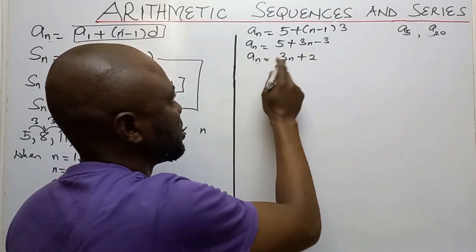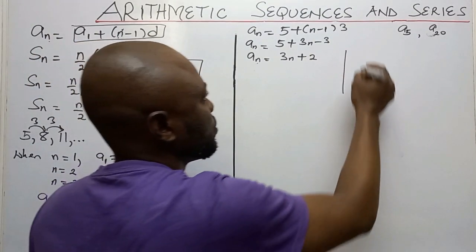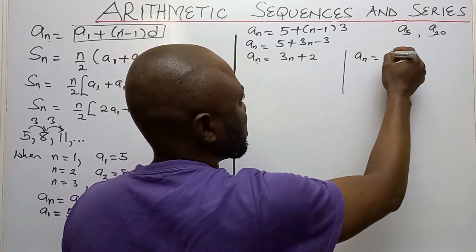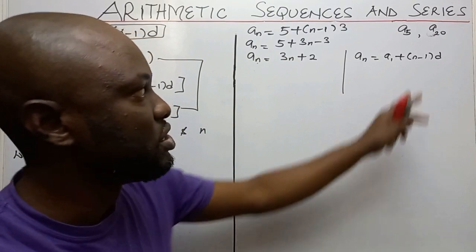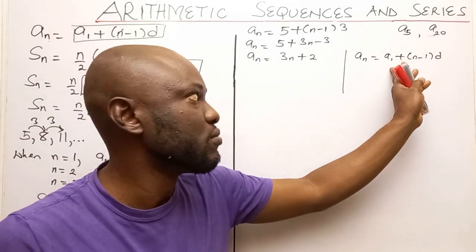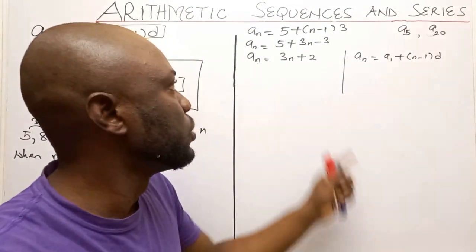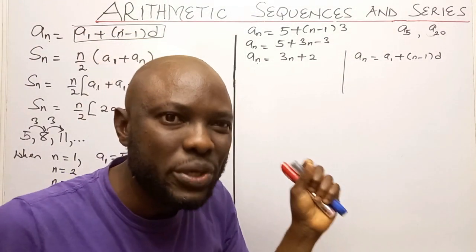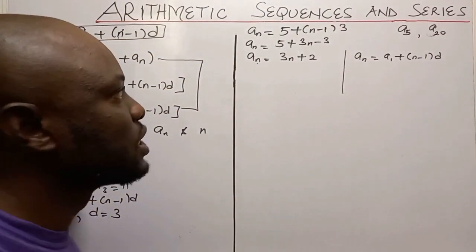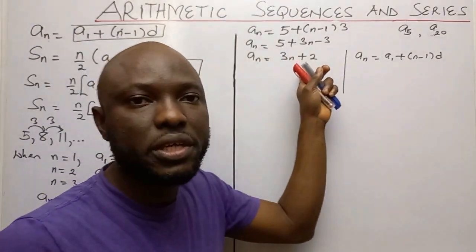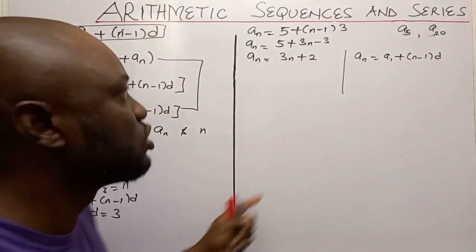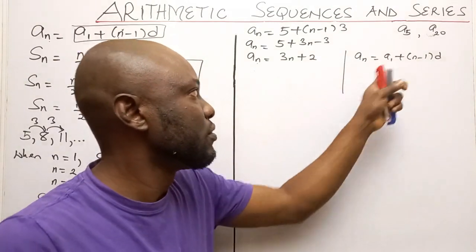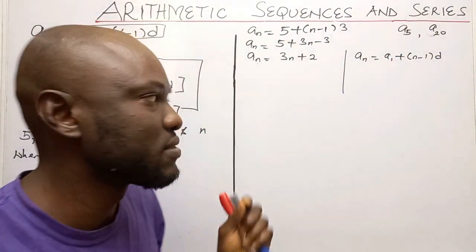Either we use a sub n equals a sub 1 plus n minus 1 d, the general formula for sequences, or we use the formula we generated from this particular sequence. So if you must use the formula associated with this sequence, then you need to generate an n-th term for the sequence, all right?